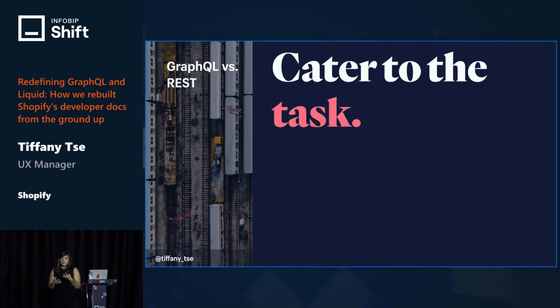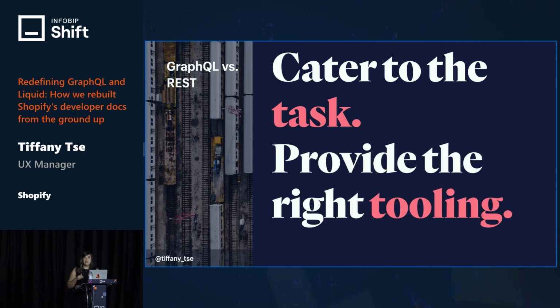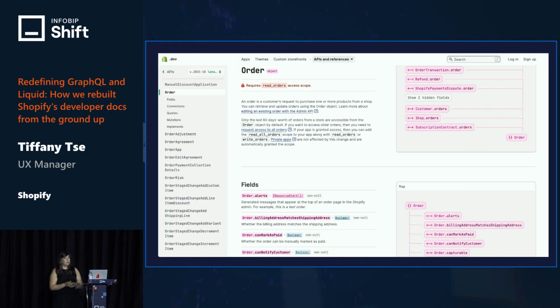So what did that necessarily mean for our API references? Well, we decided that we should cater to the task at hand and provide the right tooling for the job that you're actually doing. What that meant was creating sandboxed experiences for both GraphQL and REST. Each of those references has its own sidebar experience, and components are specific to how people actually use the API.